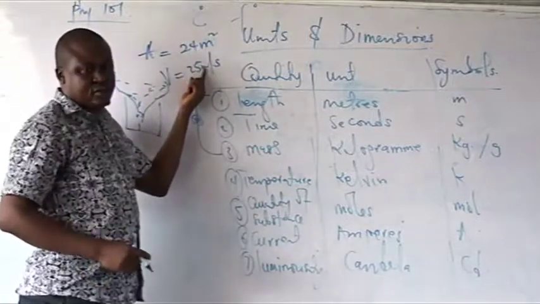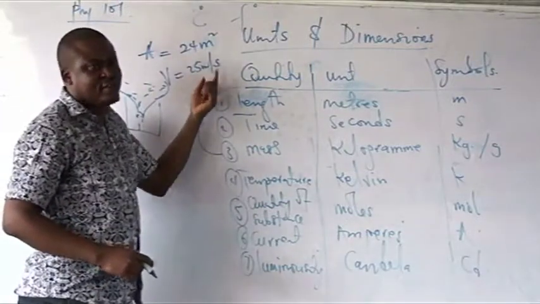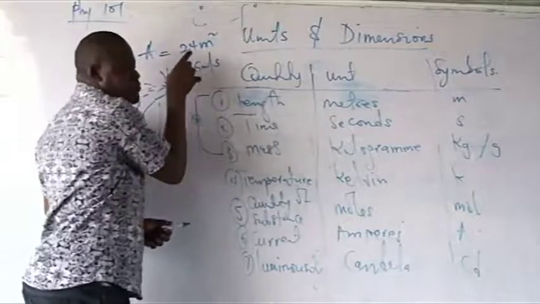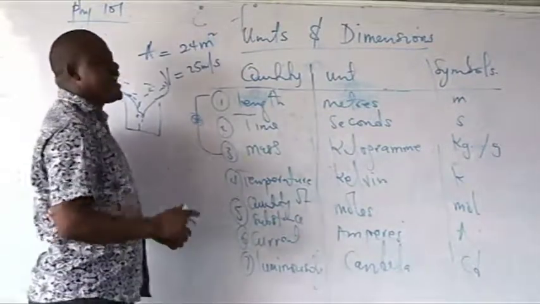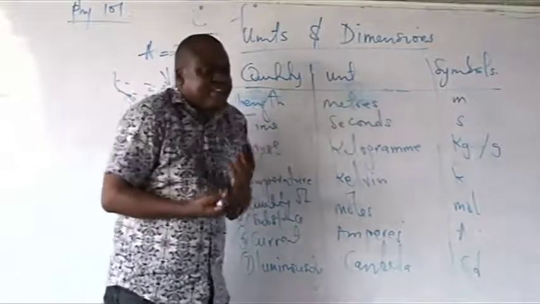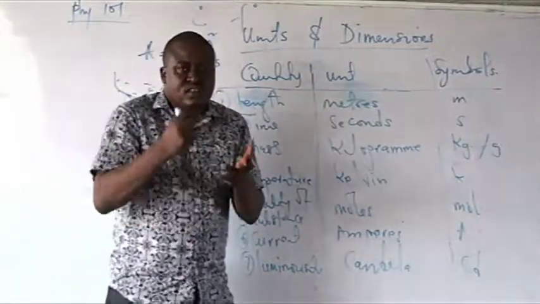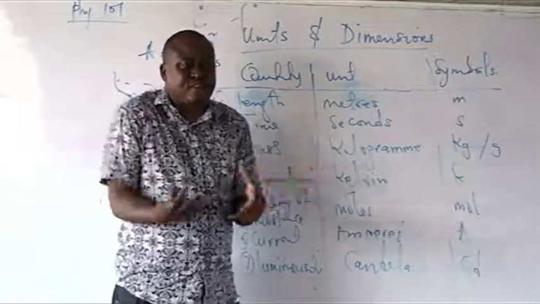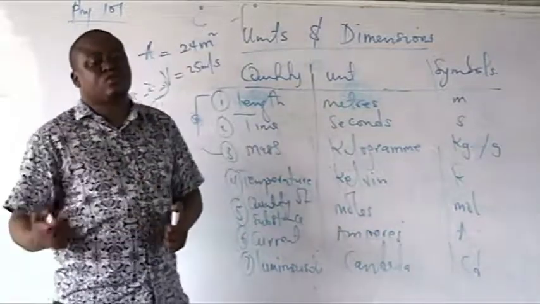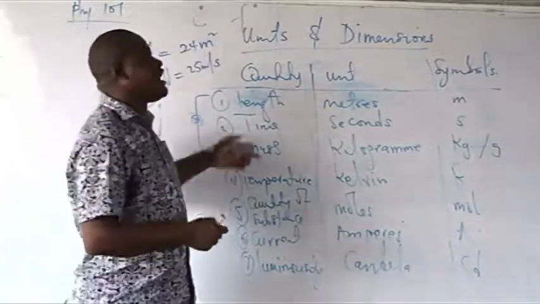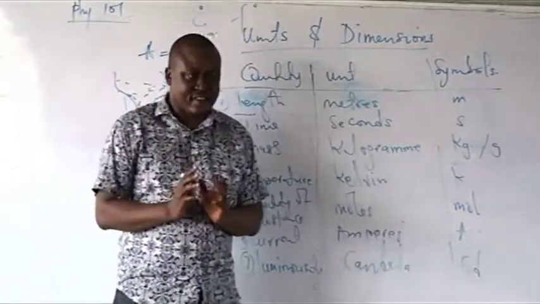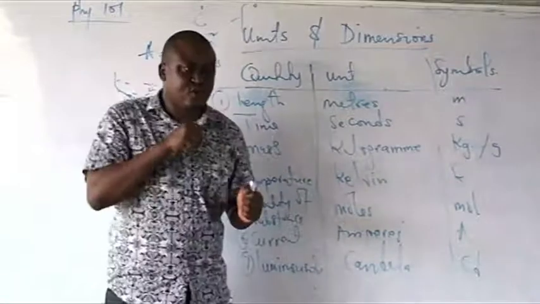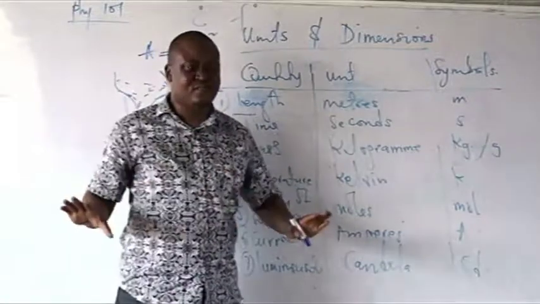Everything is derived from all these fundamentals. By the time you start merging fundamentals to form a particular unit, it's no longer called fundamental, it's now called what? Derived. Do you understand that now? Because you derived it from somewhere. It's a very simple analysis.